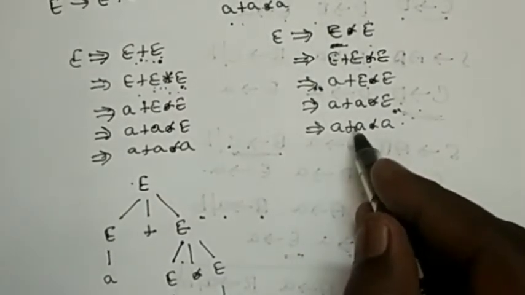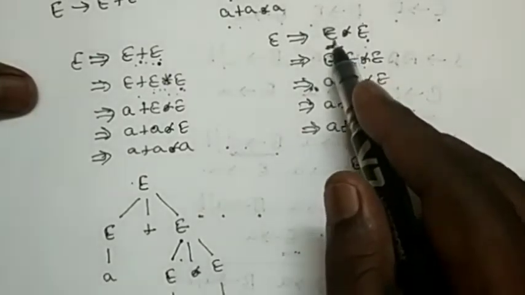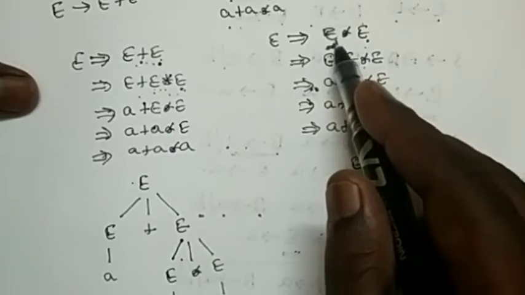Now you take up the second derivation. So E is replaced by E star E. Now you take up the first non-terminal on the left side.